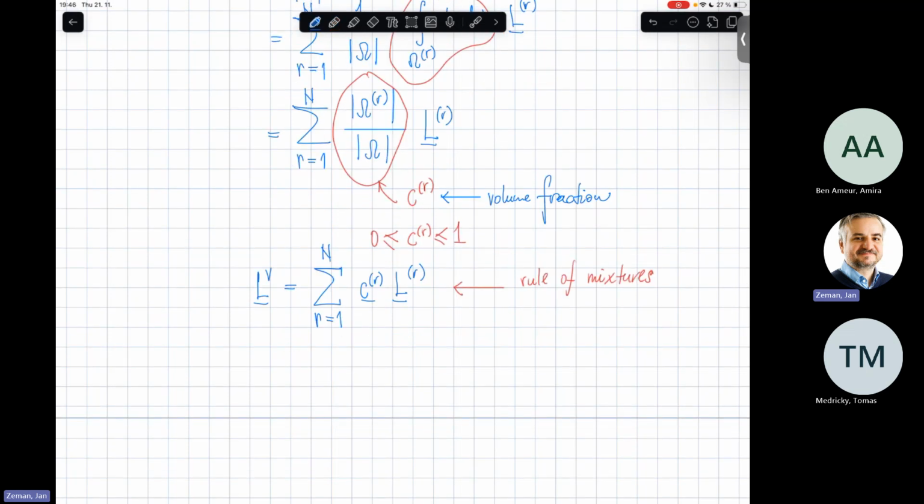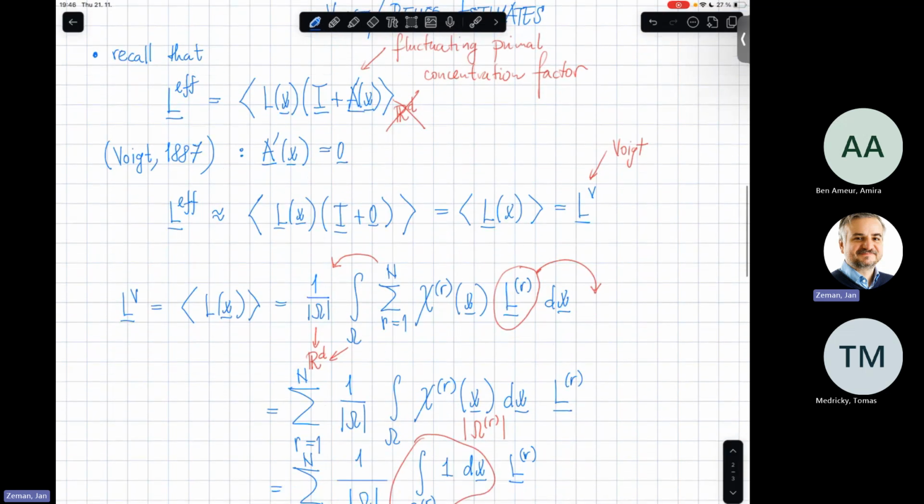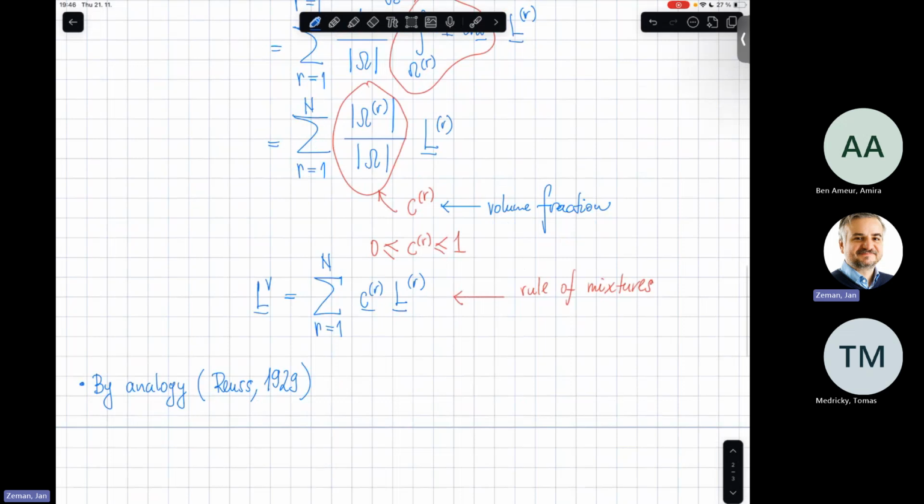And if I just follow by analogy what Mr. Reuss did in 1929, so it is 40 years later. He just took this PDE perspective, but the dual viewpoint. Mr. Voigt's is the primal one.